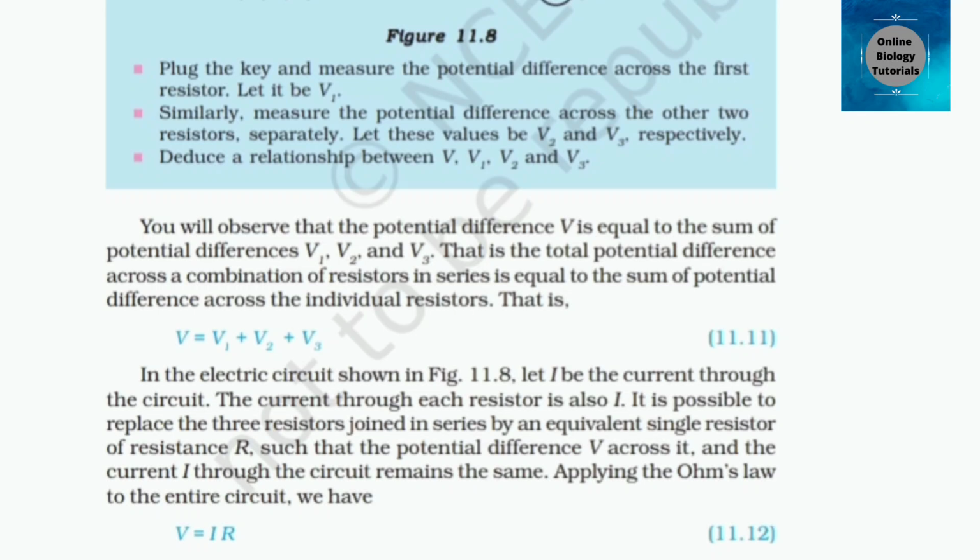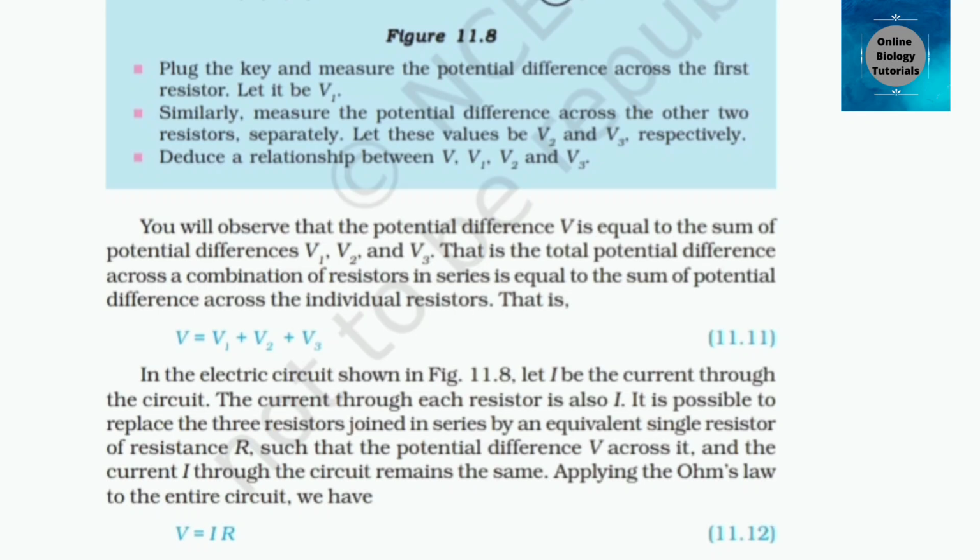In the electric circuit shown in figure 11.8, let I be the current through the circuit. The current through each resistor is also I. It is possible to replace the three resistors joined in series by an equivalent single resistor of resistance R such that the potential difference V across it and the current I through the circuit remain the same.